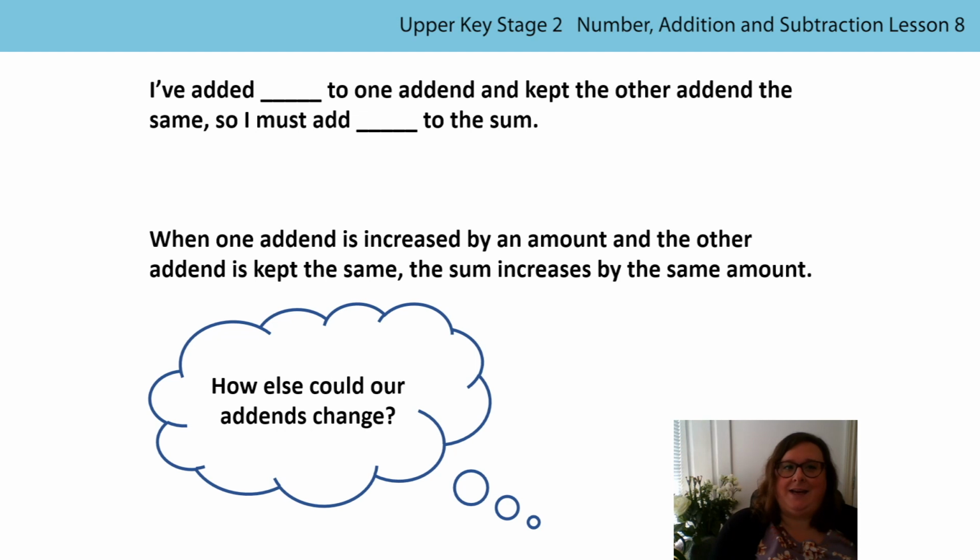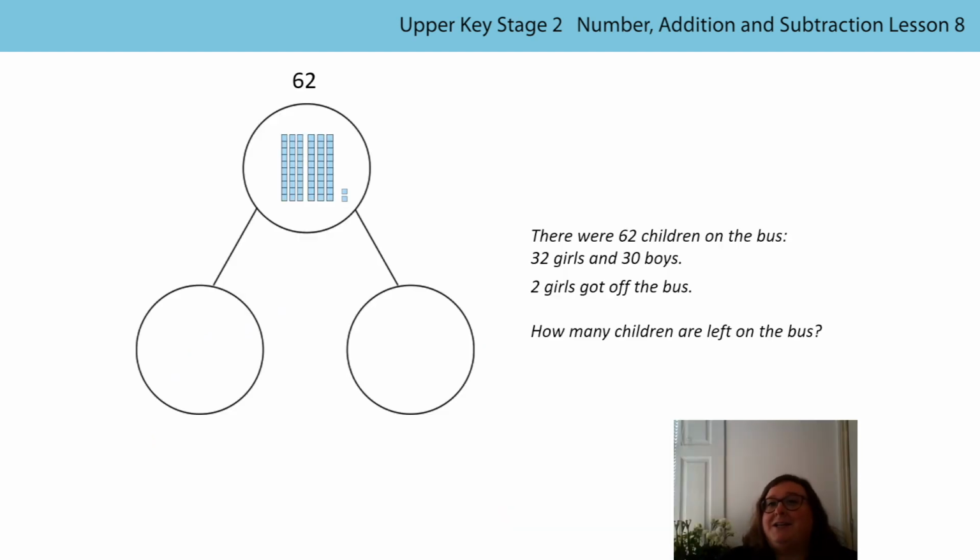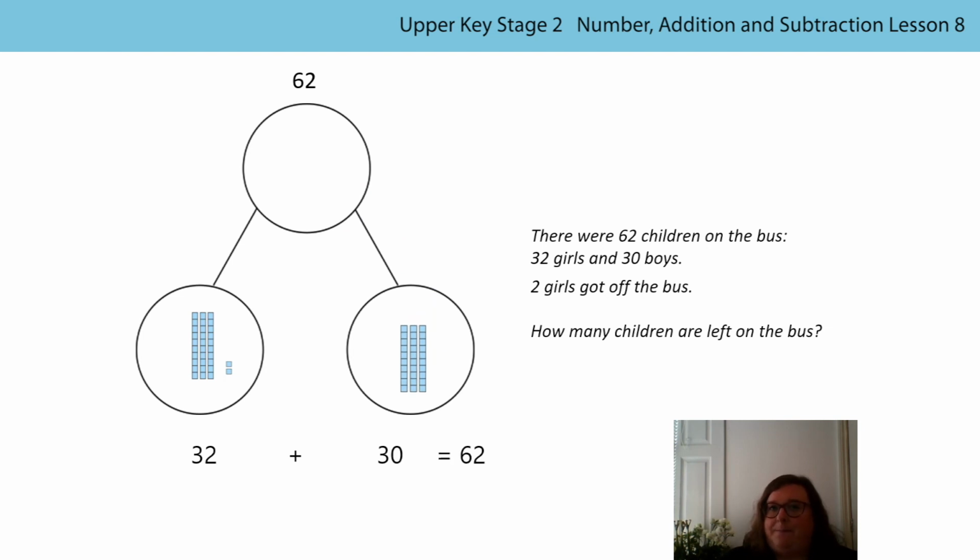Okay, so we're going to start off with a number story. Make sure you pay attention to what changes and what stays the same. There were 62 children on a bus. There were 32 girls and there were 30 boys. What does the 30 represent? That's right, the 30 represents the number of boys on the bus.